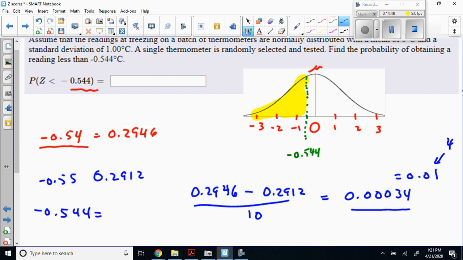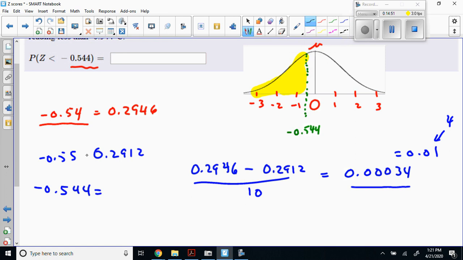It'd be, let's see, it'd be this one, 0.2912 plus 0.0012, 4, which would give me plus 0.2912. Yep. There you go. Yeah, pretty sure that's it.